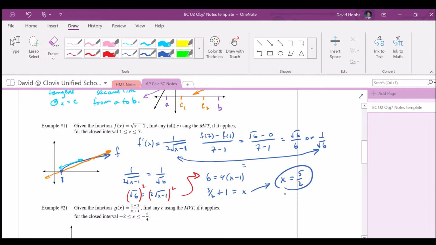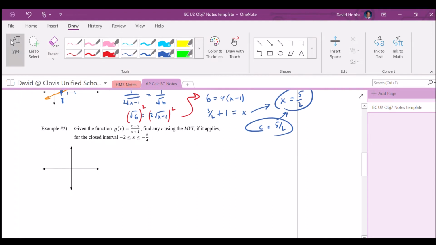So that's the c. c is 5 halves. Notice that 5 halves is in that open interval between 1 and 7. Does it seem reasonable? 2.5? Yeah, that seems reasonable, about where we were approximating.